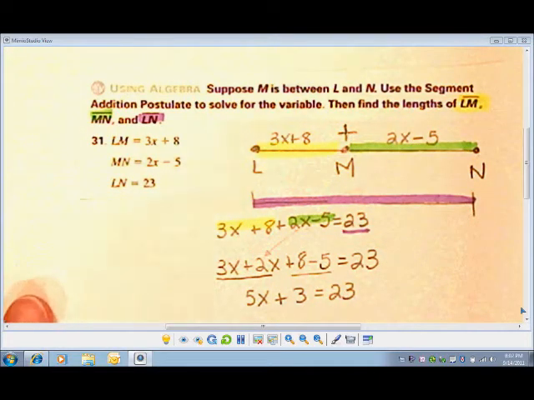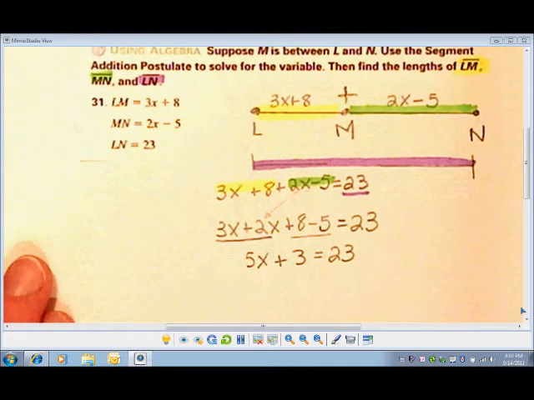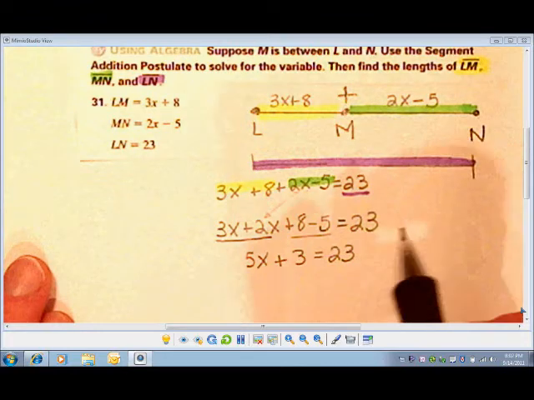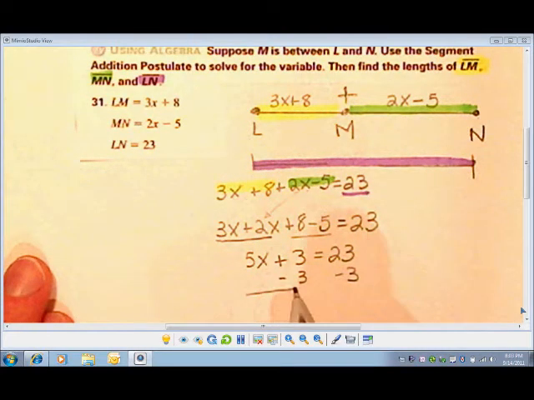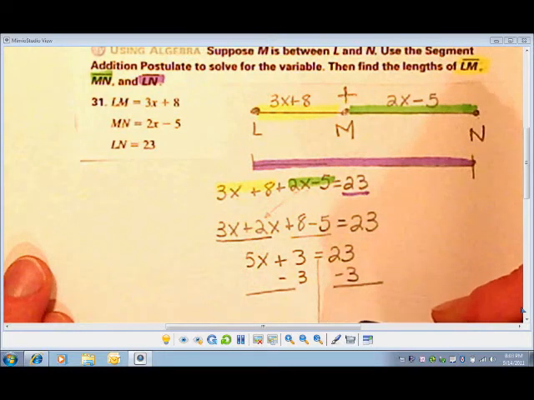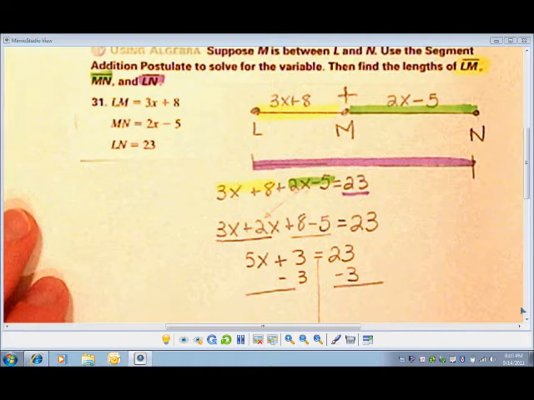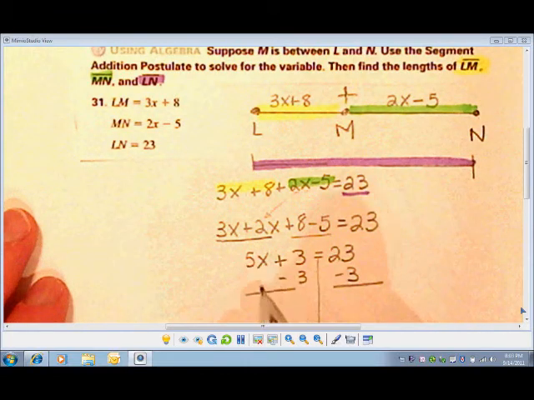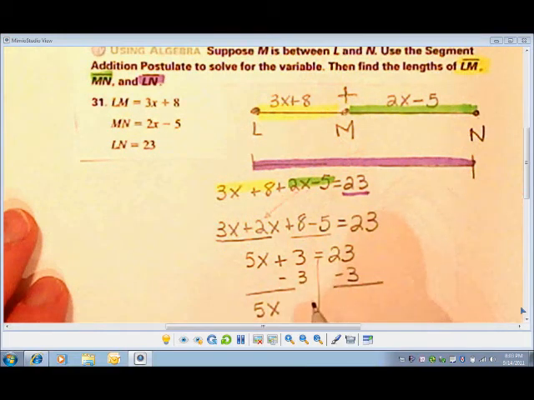Okay. So now what I need to do is solve for x. Now that I've grouped everything together, the first thing I'm going to do is subtract 3 from both sides of the equal sign. And if you struggle with this, you may want to just put a little line down here to keep everything on one side of the equal sign equal to the other. So that means I have 5x. This is 0. 3 minus 3 is 0. And 23 minus 3 is 20.